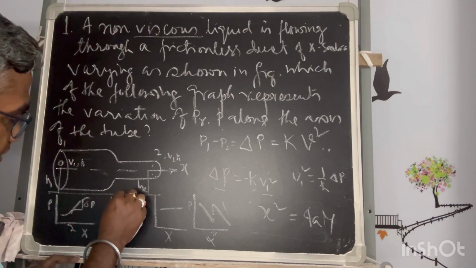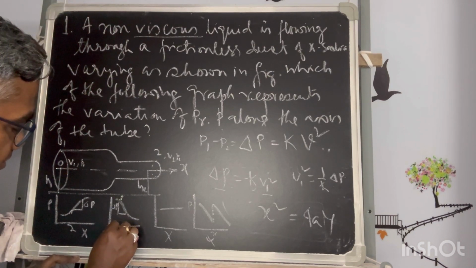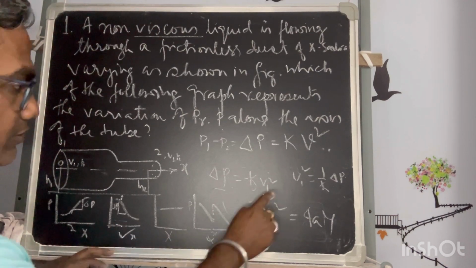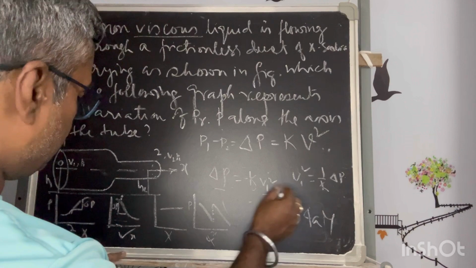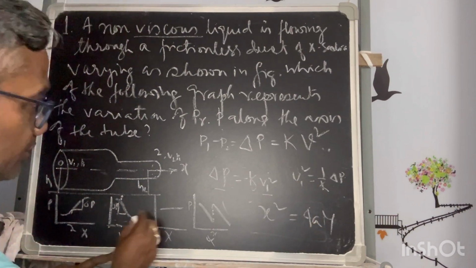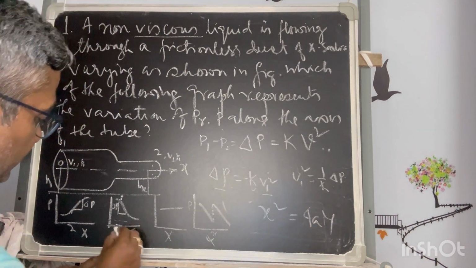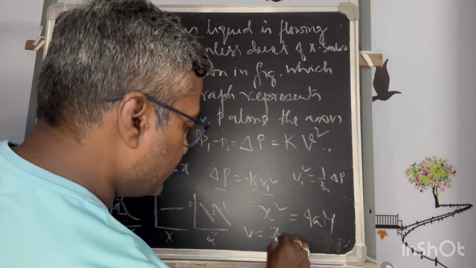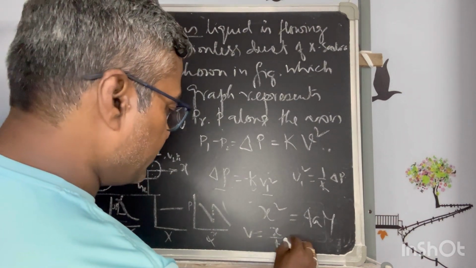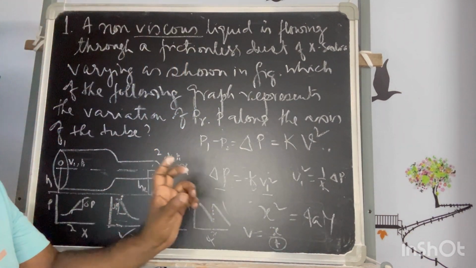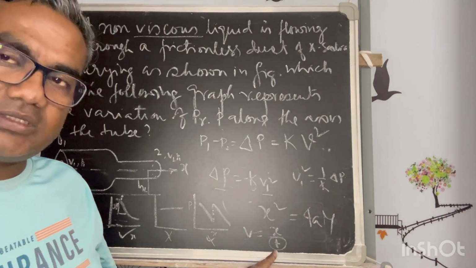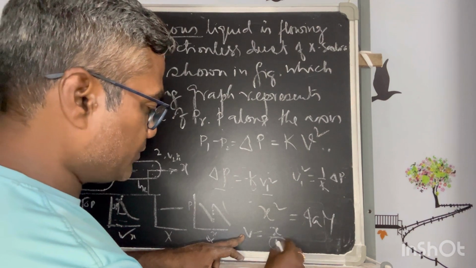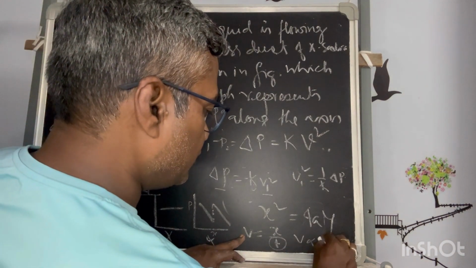Let's say this was p1 earlier, now at x, for changing x only, how much is v changing? How is it related to x? Because v is nothing but x by t. If at a particular time t can be considered constant, then v is proportional to x.